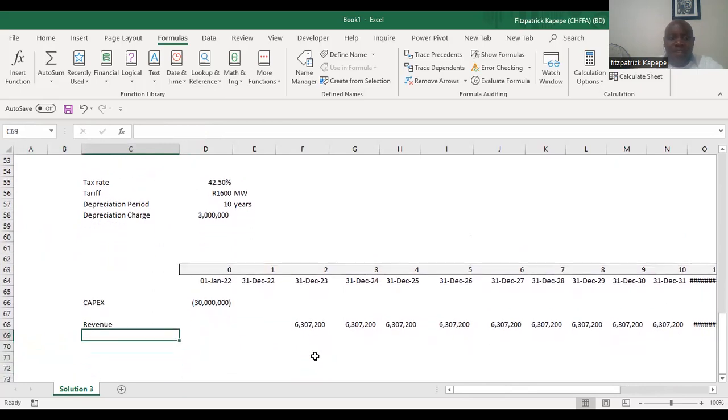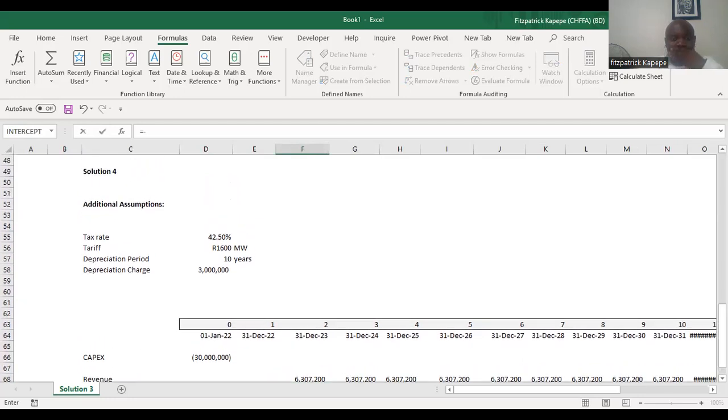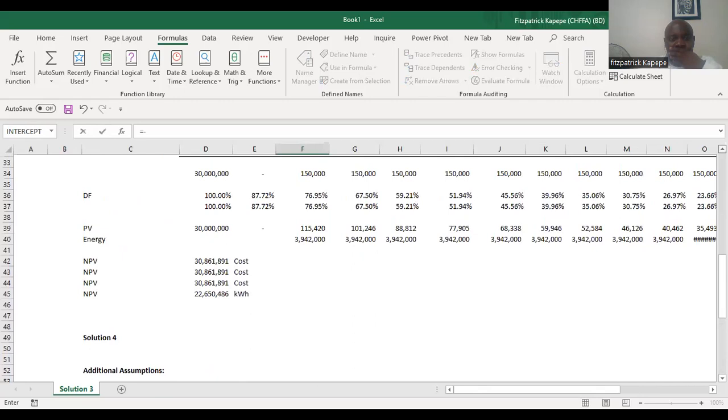Then I'll come to variable cost. I don't think there was any variable cost, but there was a fixed cost, which is basically the OPEX, starting from here, which is a negative. Where is it?